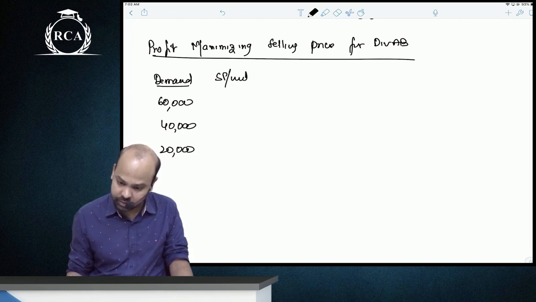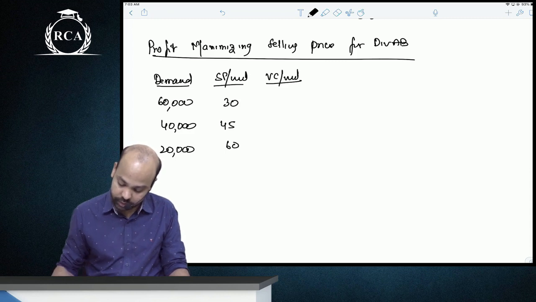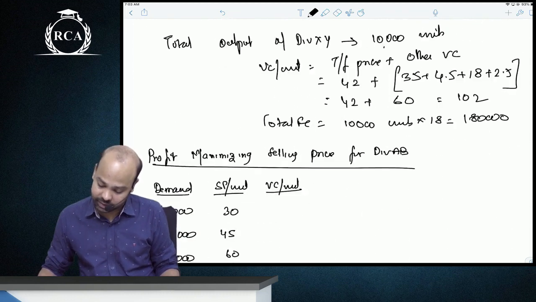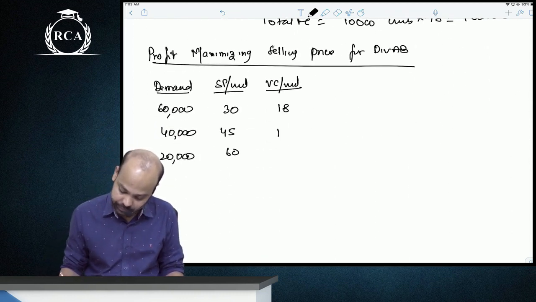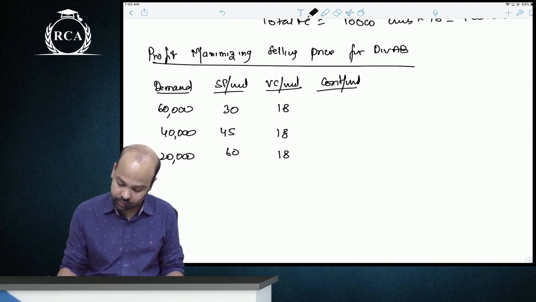The selling price per unit is 30, 45 and 60. The variable cost per unit for external sales is 18 rupees. So your contribution per unit is 12, 27 and 42.